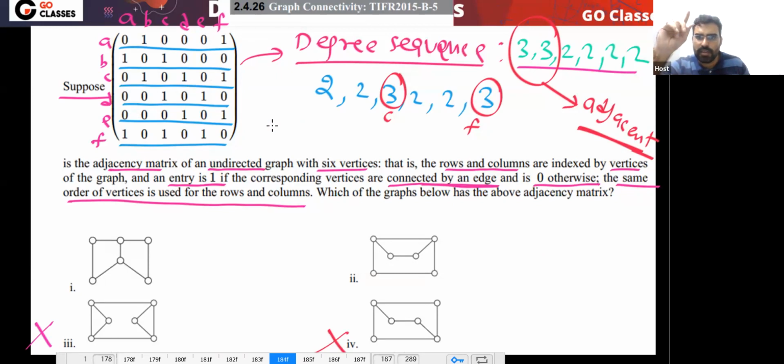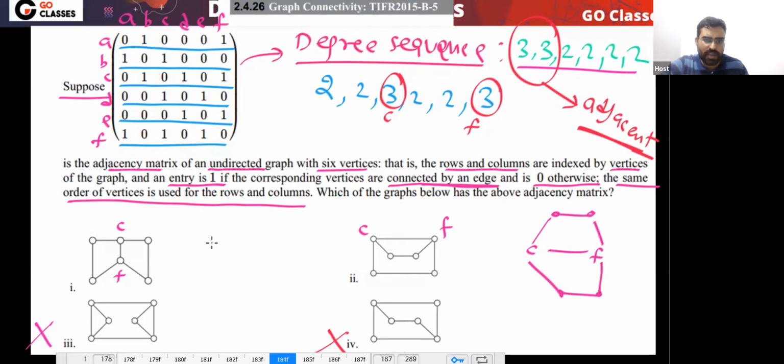Please notice that the degree 3 vertices we are calling C comma F. Here we have C, F, and there are two vertices like this, and in this graph we have C, F and there are two vertices like this.